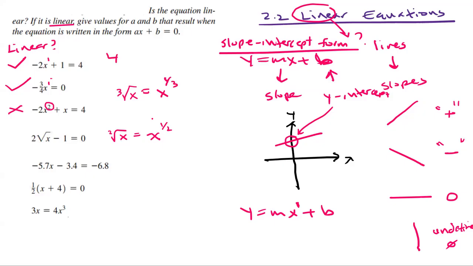If I have the fourth root of x, what would that be? x to the what? 1/4. Okay, you guys got it? Makes sense? So whatever number is out here, I just write it in fraction form.